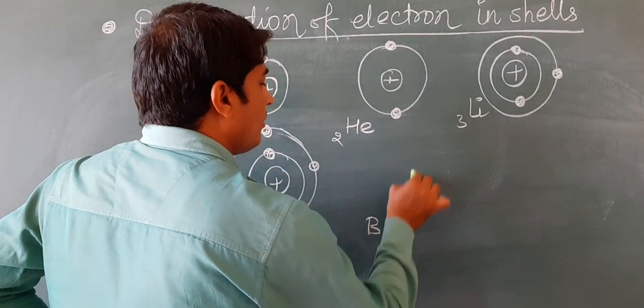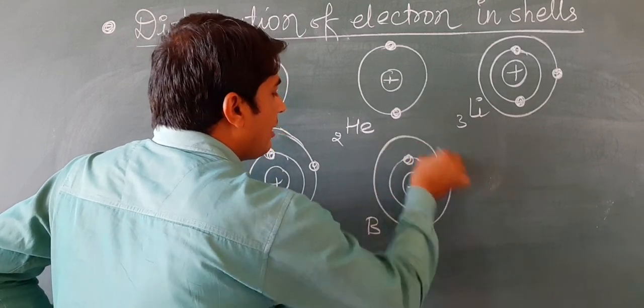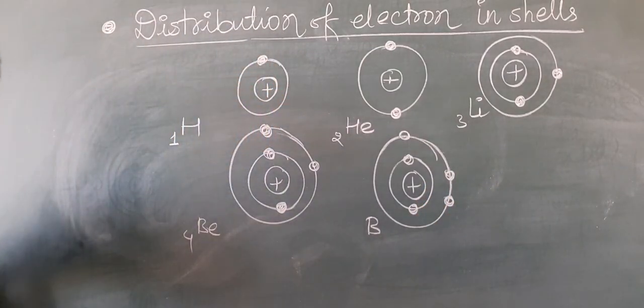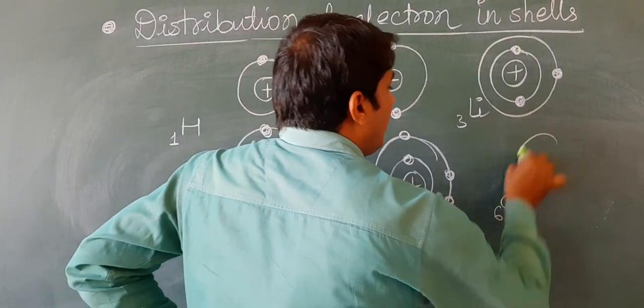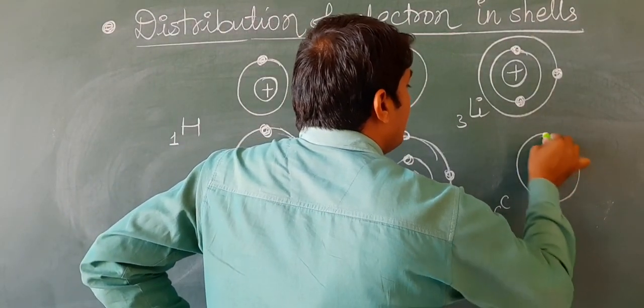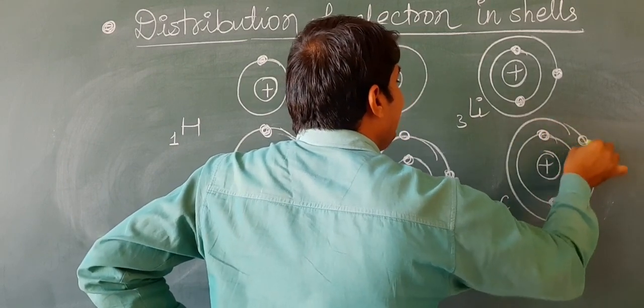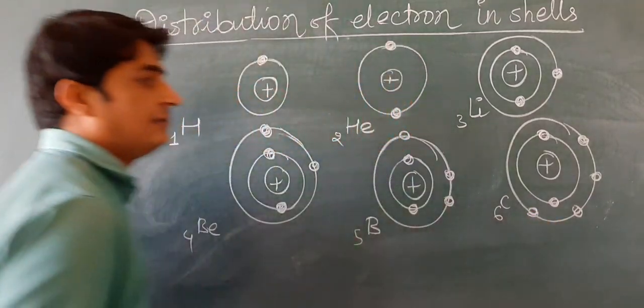Boron, 2 electrons in first cell, remaining 3 electrons to the second cell. Carbon, 2 electrons to the first cell and 4 electrons to the second cell.